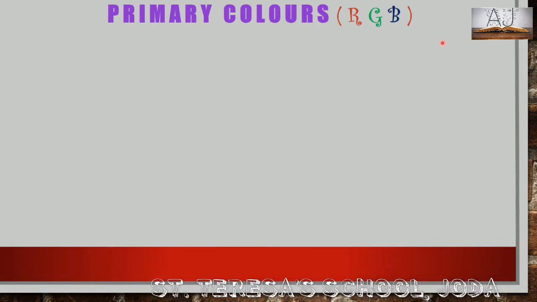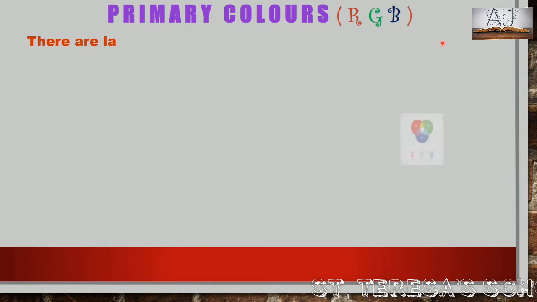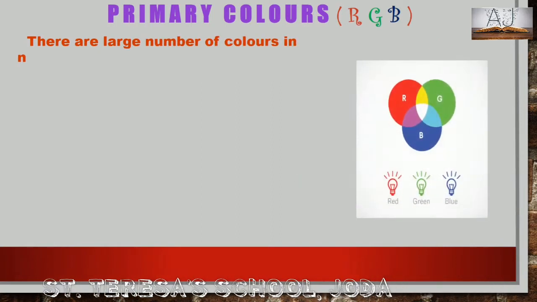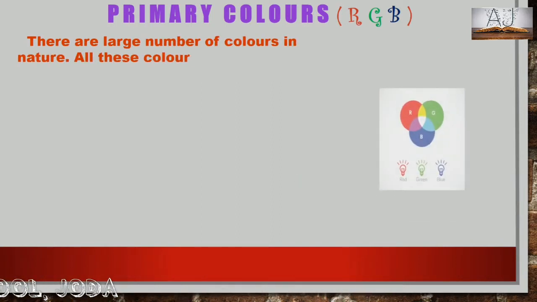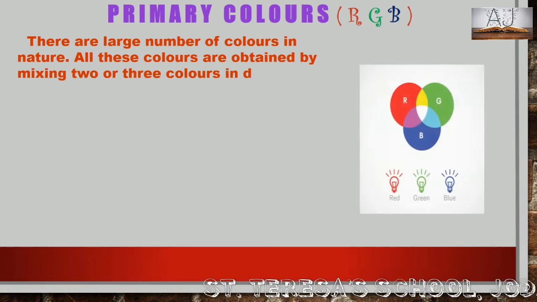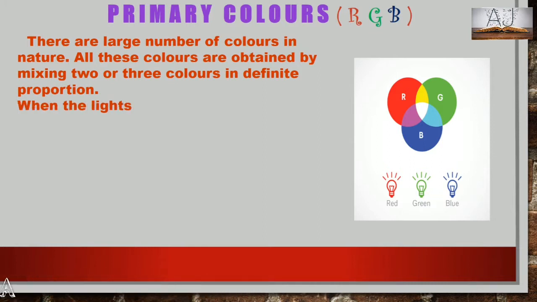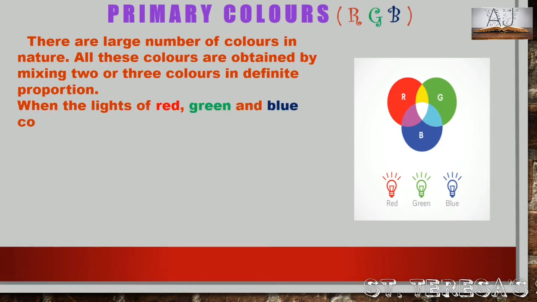So let us see first of all, primary colors are R, G, B. Yes, red, green, blue. There are a large number of colors in nature, you know, and all these colors are obtained by mixing 2 or 3 colors in a definite proportion.